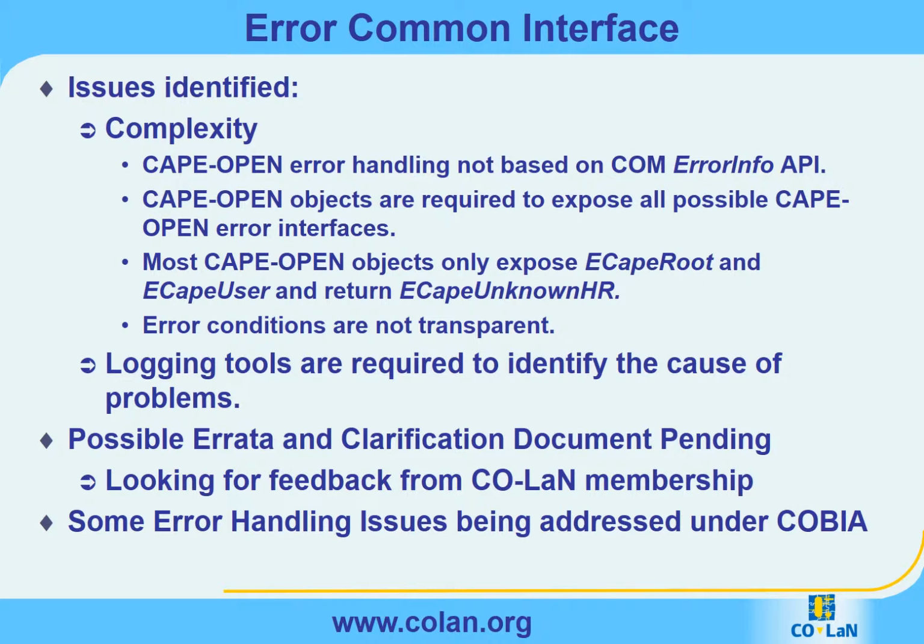With regard to errors, we've identified some issues with it, complexity, and I think probably this third bullet point here, most CAPE-OPEN objects only expose ECapeRoot and return the ECapeUnknown HRESULT if an error occurs.